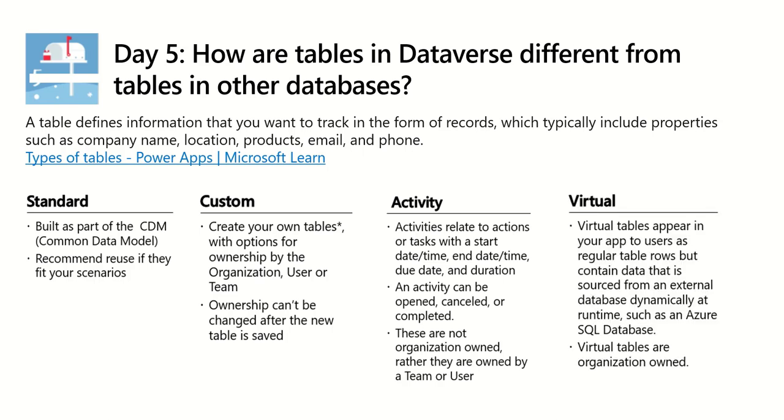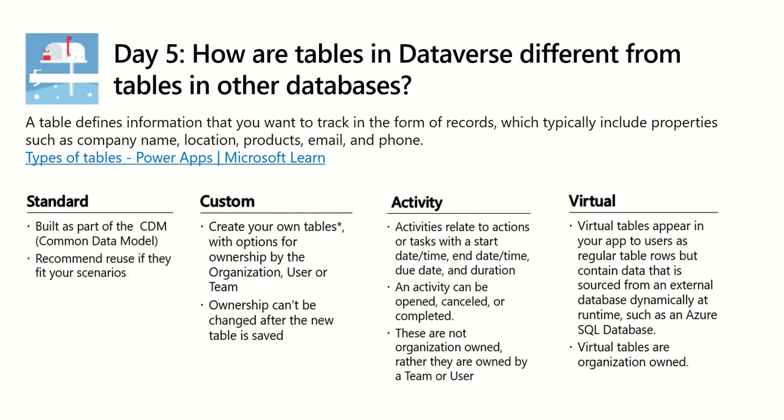And then the last type is virtual tables. And this is majorly important because now not only do you have Dataverse data in Dataverse that you can model, you also have data from other systems that you need. So it's very rare nowadays to see data in silos, right?